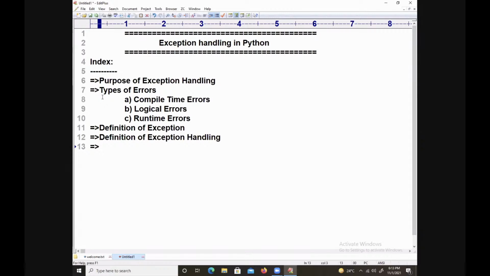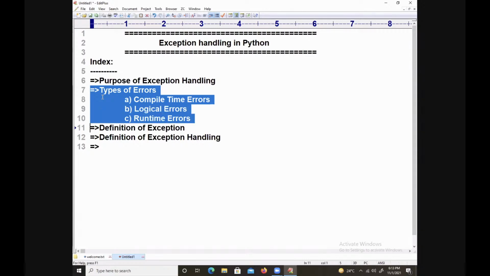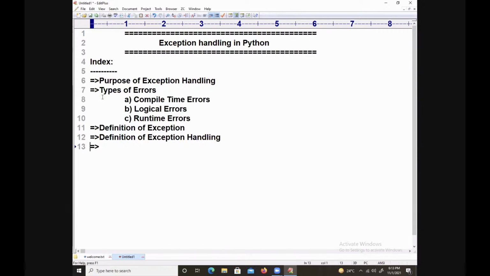Next, we are going to understand the types of errors we are getting: compile time errors, logical errors, and then runtime errors. Then the definition of exception and the definition of exception handling. And the next, syntax for handling the exception.